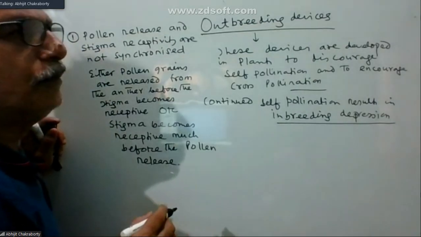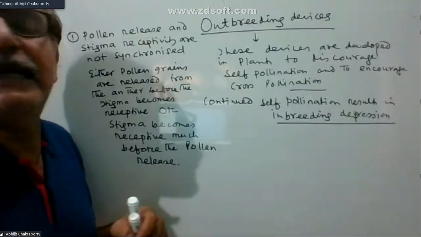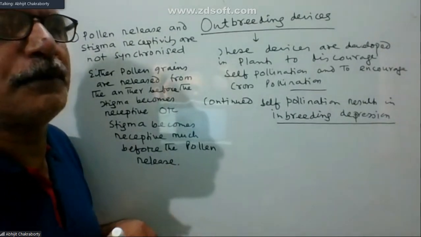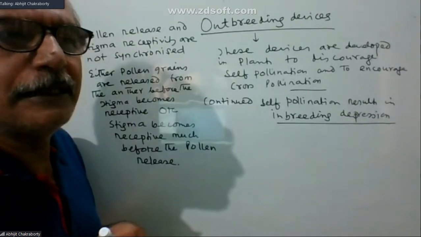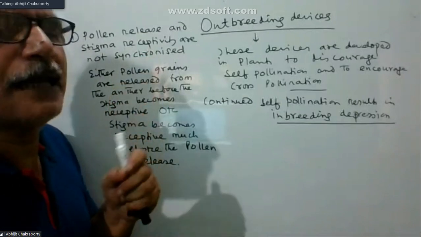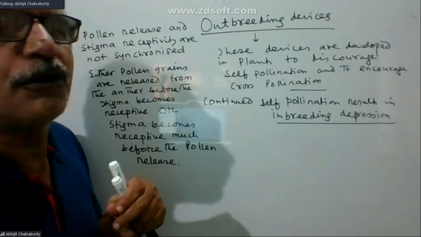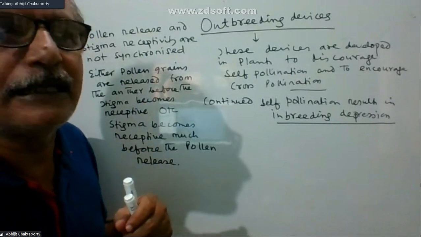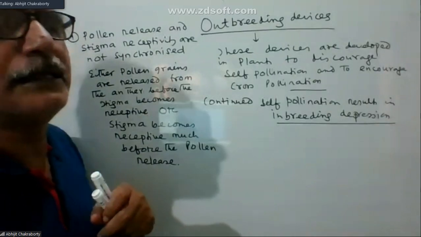As I said earlier, in case of autogamy I discussed, the pollen release and stigma receptivity are required to be synchronized to facilitate self-pollination. Here, the plants have evolved such a technique that the pollen maturation and stigma maturation do not take place simultaneously. Either pollen grains mature earlier or the stigma becomes receptive earlier.